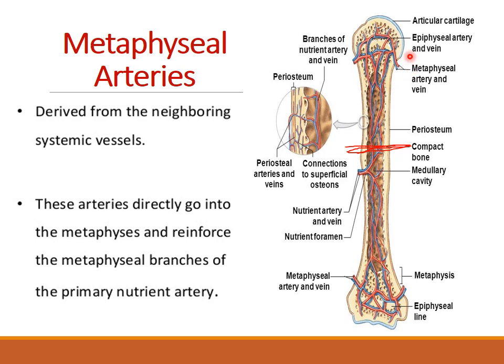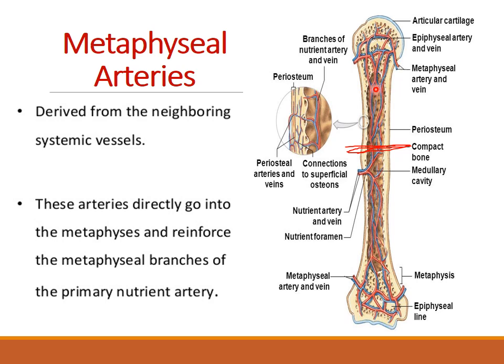These make the articular vascular arcades, a very rich anastomosis and plexus of arcades formed by the blood vessels supplying the joint. So these epiphyseal as well as metaphyseal arteries are branches from the articular arcades, the articular anastomosis present along the joints.